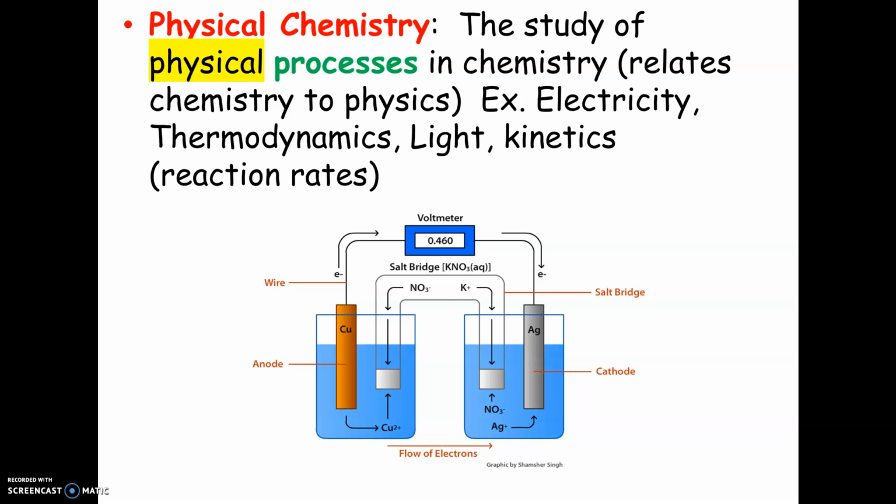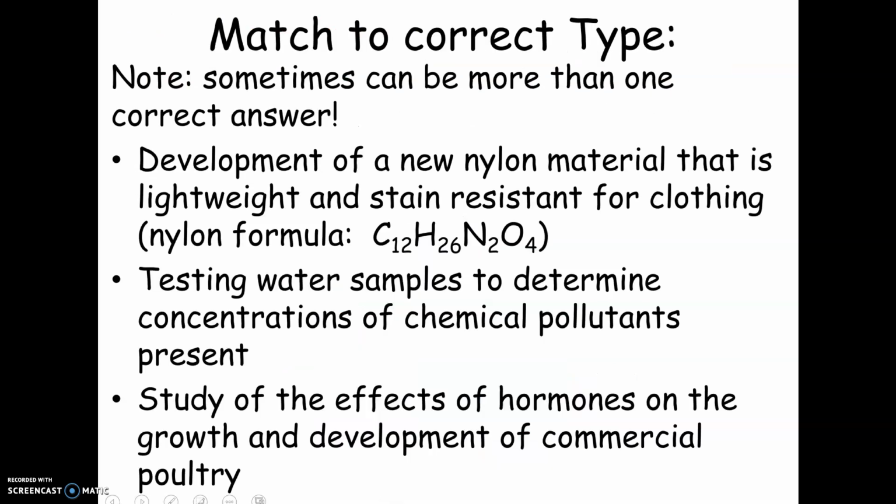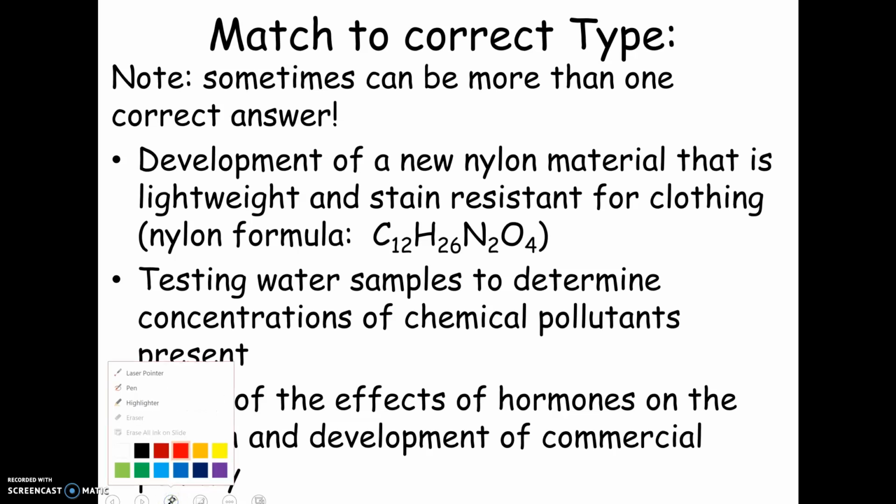All right, and our last thing here is matching. So we're going to match the type of chemistry, based on the ones that we've covered, to which one it goes with here. So first, development of a new nylon material that is lightweight and stain resistant. I gave you the formula for nylon here, and the reason I did that is because that might be helpful.